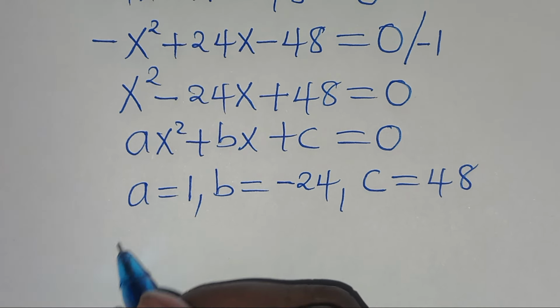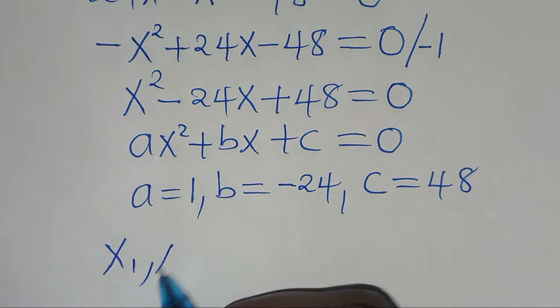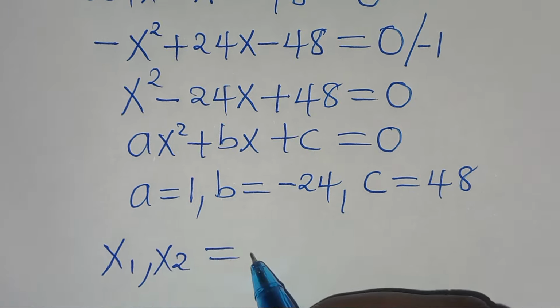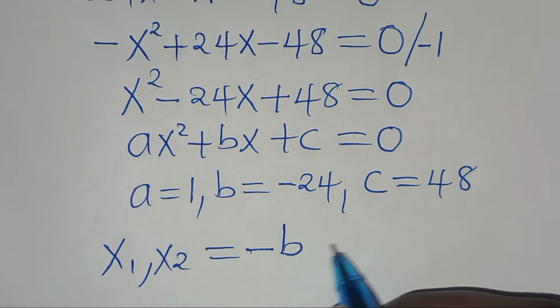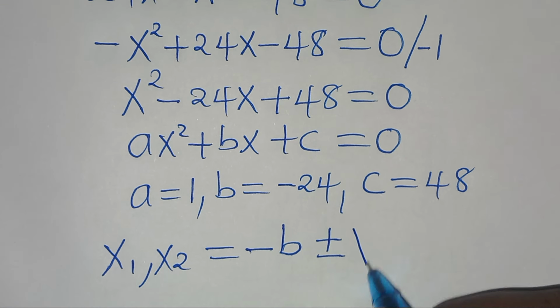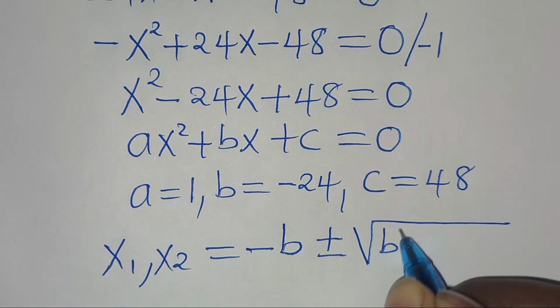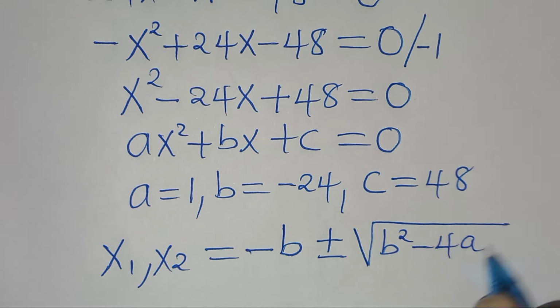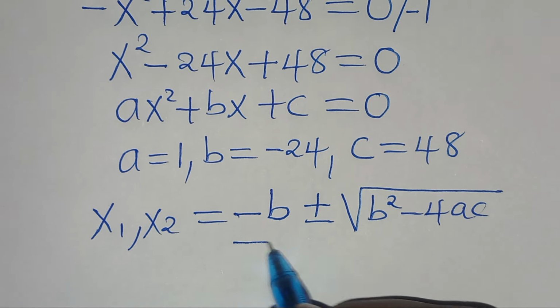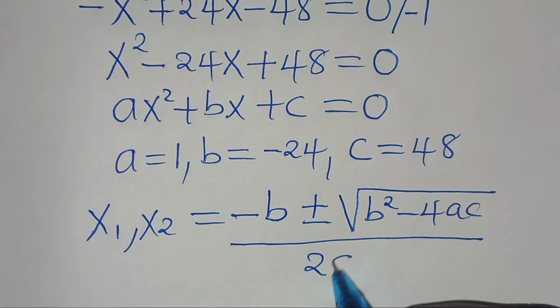So we can solve for x1, x2 by applying the quadratic formula, that is minus b plus or minus the square root of b squared minus 4ac, everything divided by 2 times a.